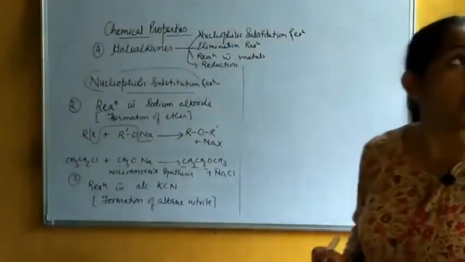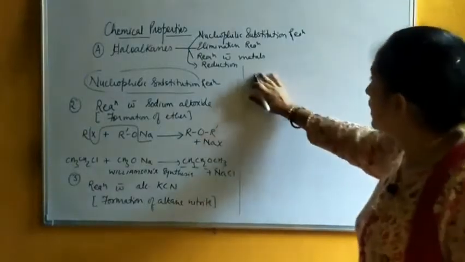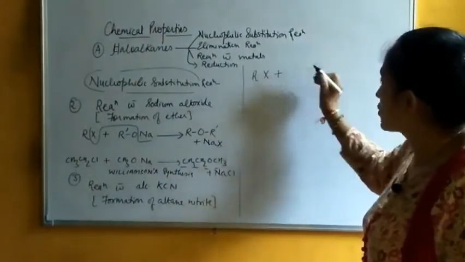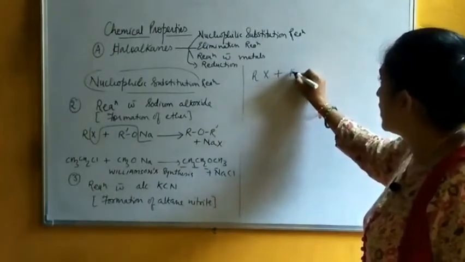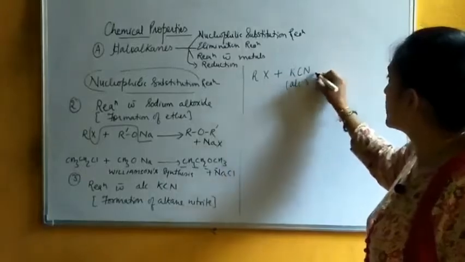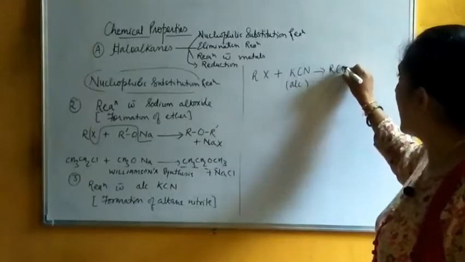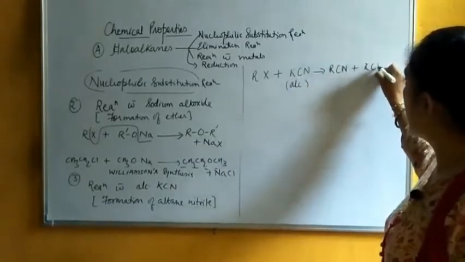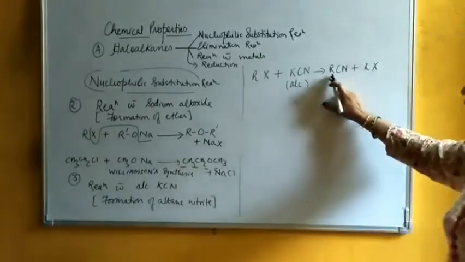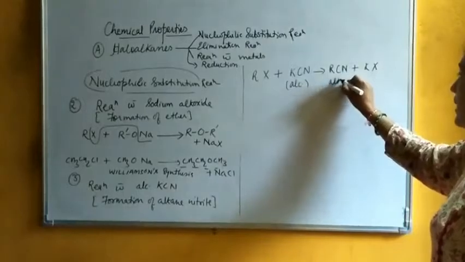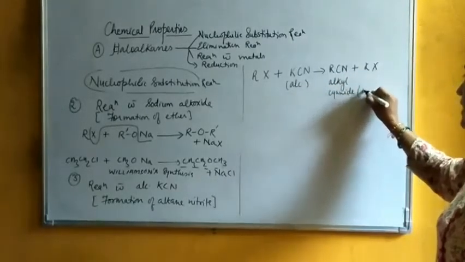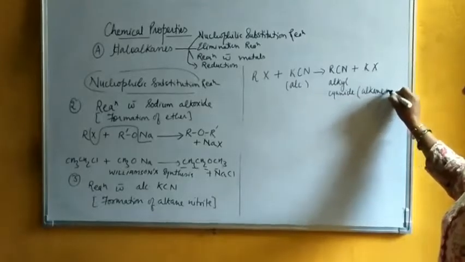So here, let us first write down the haloalkane, its reaction with alcoholic KCN. The product formed, students, is RCN plus KX. So here this is alkyl cyanide, or we can also write it as alkane nitrile.